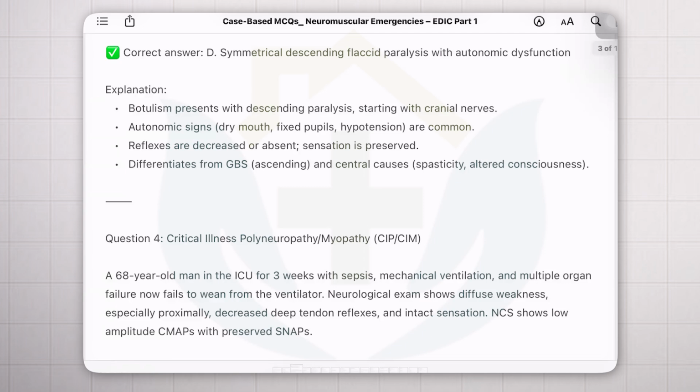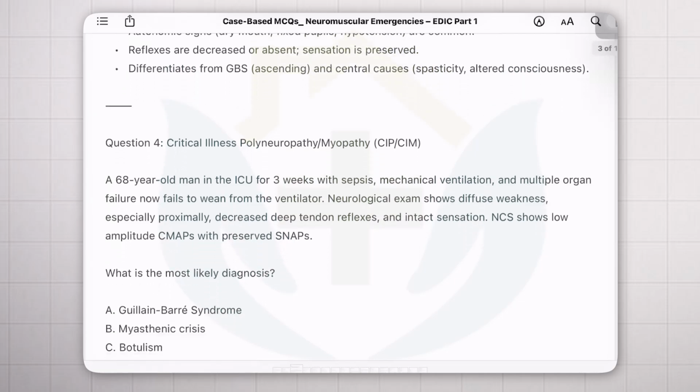For example, spasticity, altered consciousness. These are basically the central brain causes which cause a similar presentation, and we need to make a differential diagnosis from botulism. So that was about botulism. Remember, we will discuss each question in detail, but first we will have discussion on the questions right here.